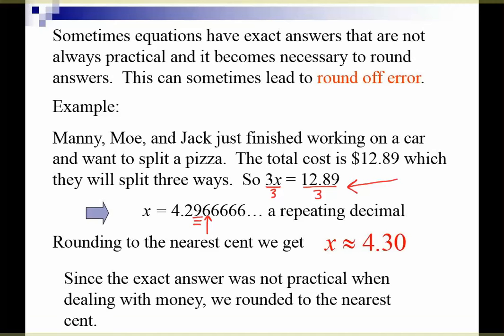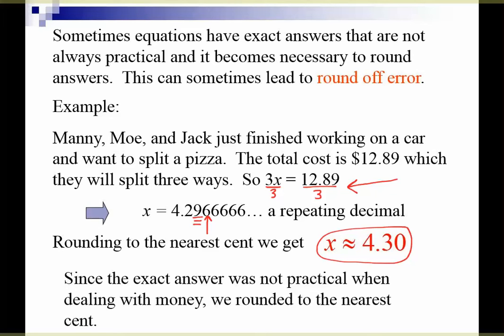So you'd be looking at the 6, and the 6 is going to govern what happens to the 9. And this is where you have the rule, if it's 5 or higher, then the 9 would move up to the next number. So 9 would move up to 10, and that 1 would go to the next place over, and that's where we get this answer. X is approximately equal to $4.30. They're going to have to round up that penny to kind of make it work.